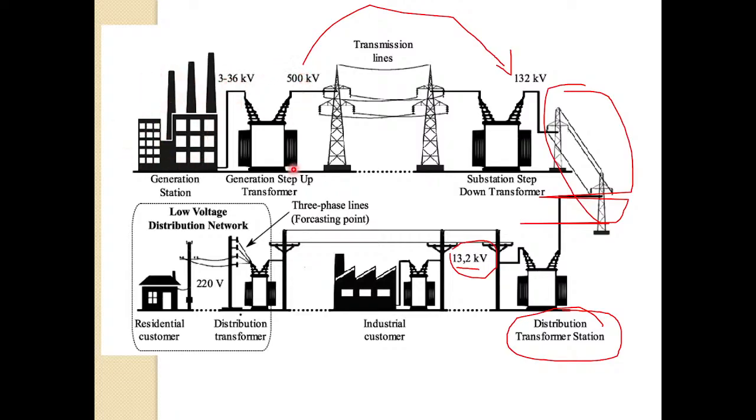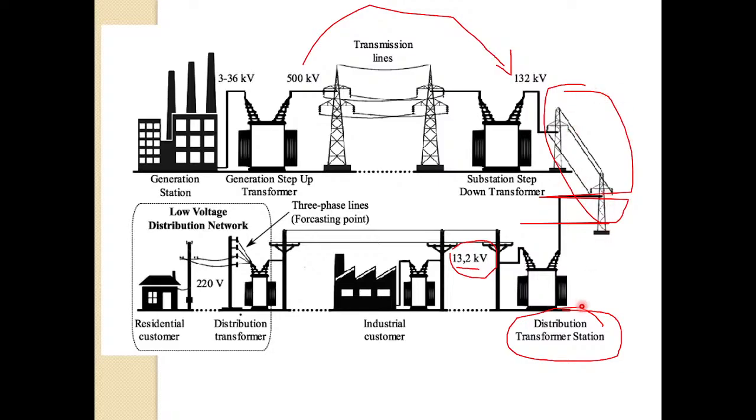So see here, power is generated in the generating station. The voltage level is stepped up by the step-up transformer, and this supply voltage is transmitted through the transmission lines. Again, in between, there is a substation where the voltage level is stepped down from 500 to 132 kilovolts.